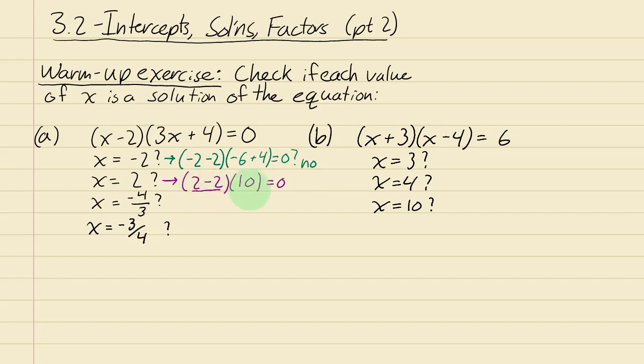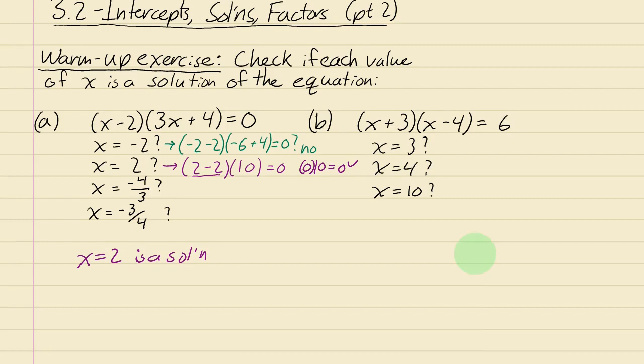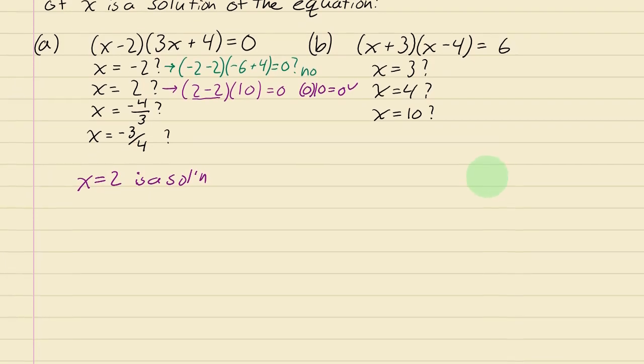And 0 times anything is definitely 0. So yeah, x equals 2 is a solution. That's one of them. Let's try this one. x equals -4/3. I think I need some more paper here.